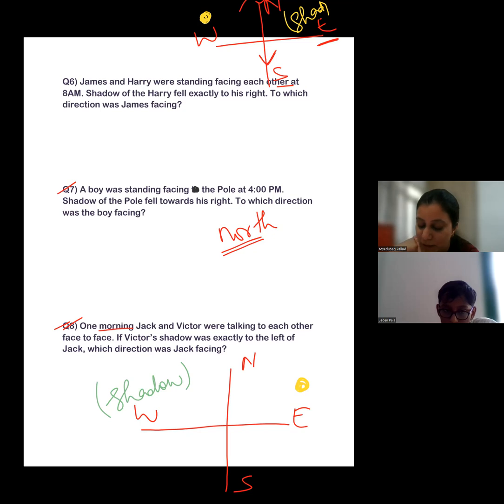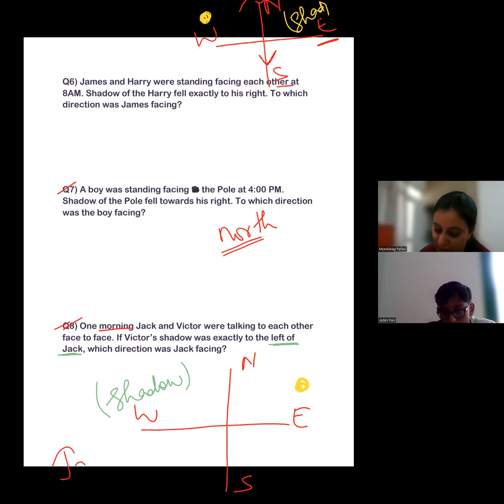If Victor's shadow was exactly to the left of Jack, firstly you can find the direction of Jack. Jack was facing north.